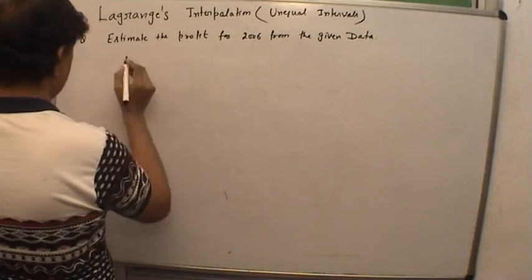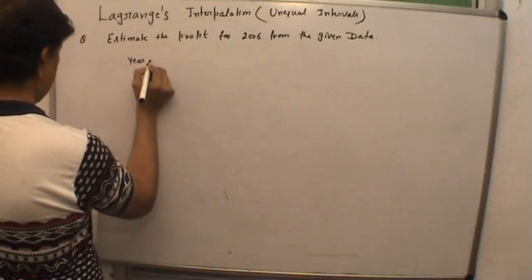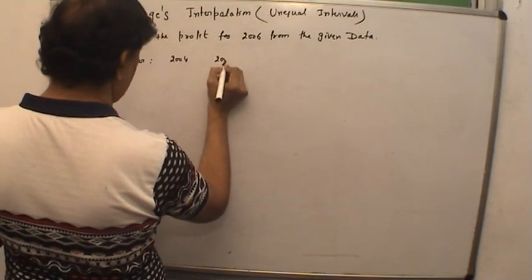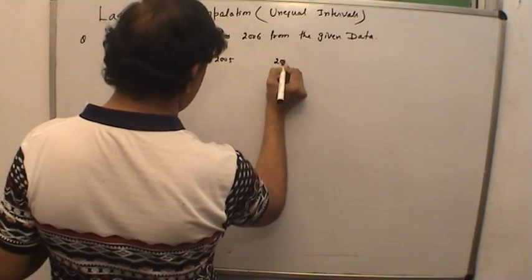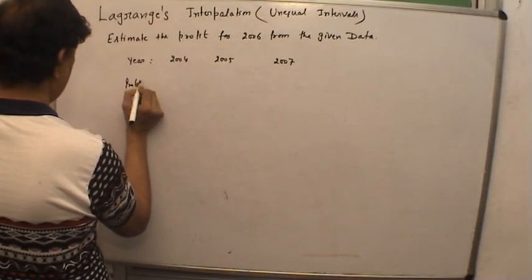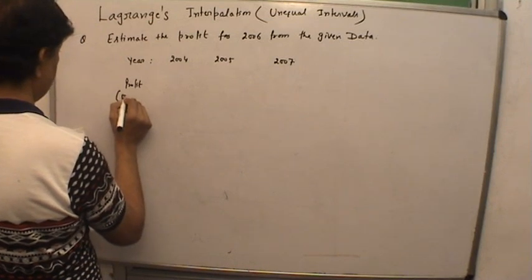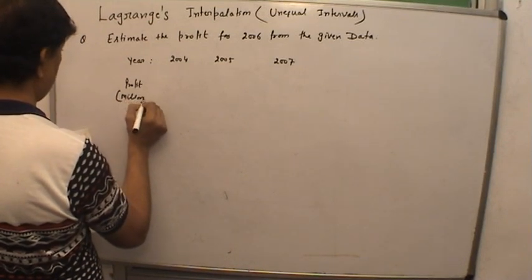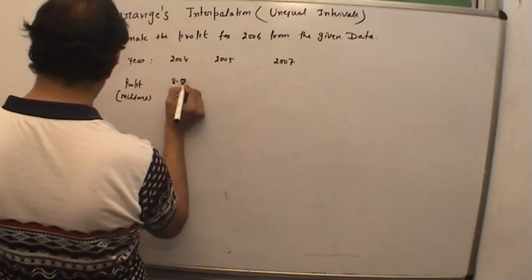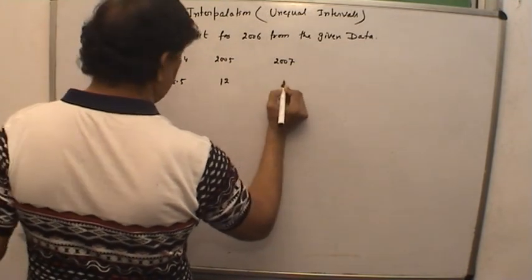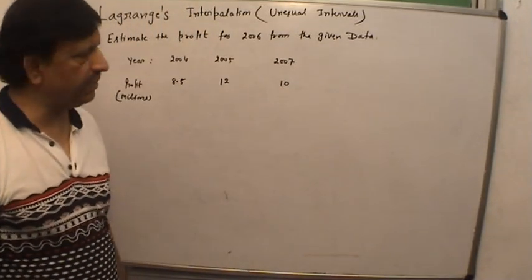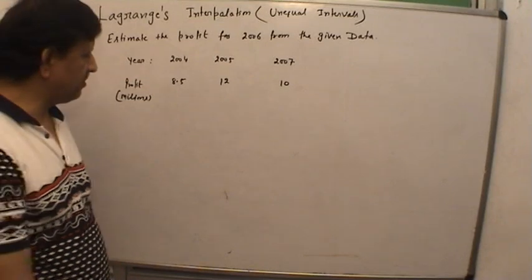Here the data is given, the annual session, that is 2004, 2005, 2007, and profit in millions of a company, that's equal to 8.5, 12 and 10. Here we have taken three values; they may be 4 maximum during the exam.